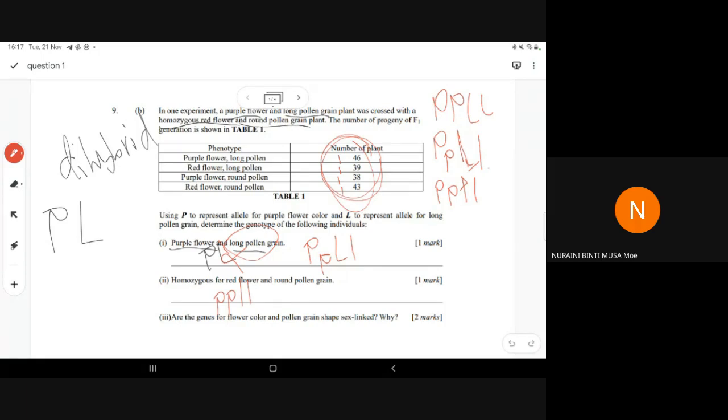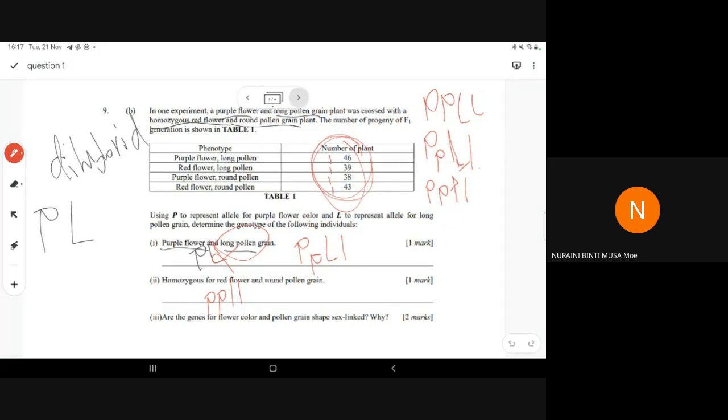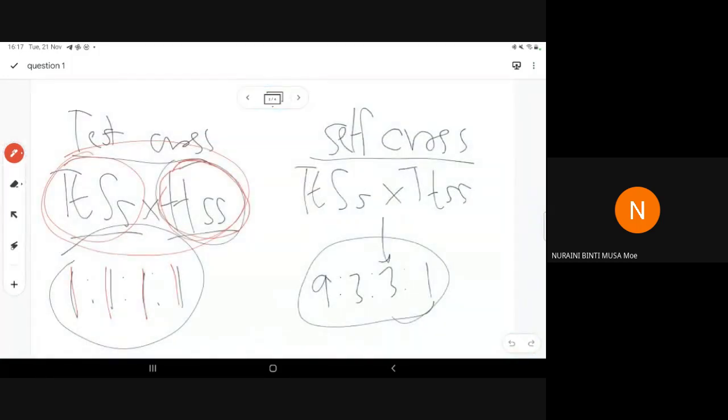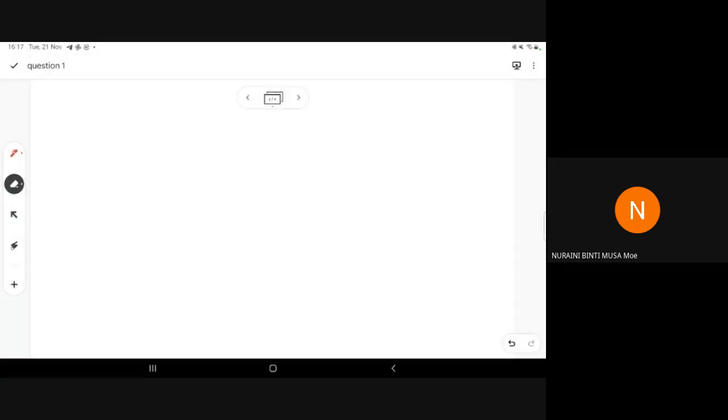Are the genes for flower color and pollen shape sex linked? Why? Okay, sex linked tu apa? Sex linked is when the genes are located on the sex chromosome. Okay, sex chromosome ialah kalau perempuan dia ialah XX, kalau lelaki dia ialah XY. Okay, XX, XY.